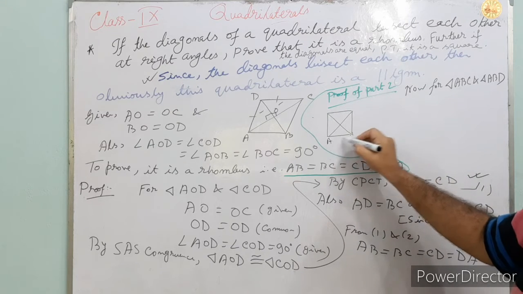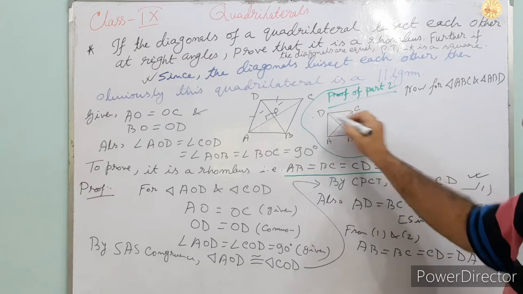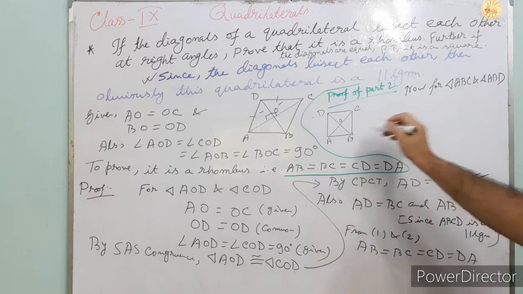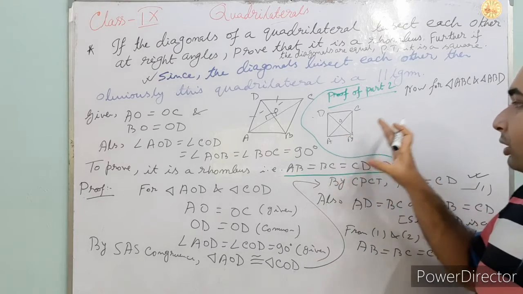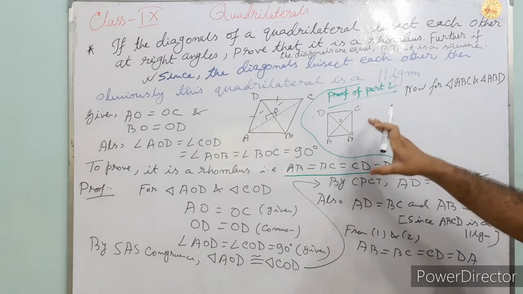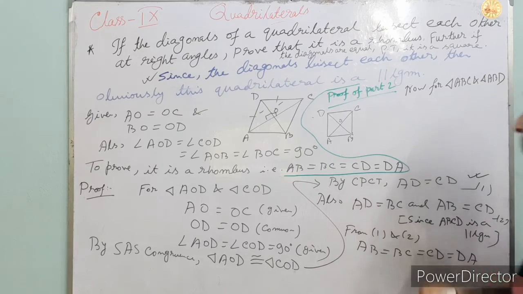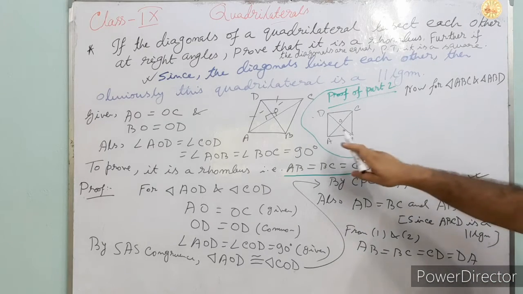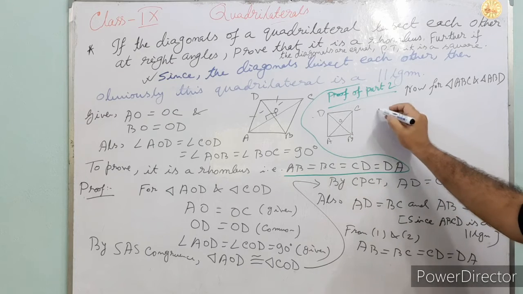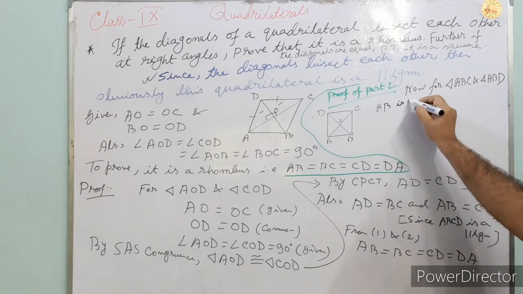A, B, C, D and this is O. Actually not the right angles, we are just taking this figure, because we have to prove it is a square. So now for triangle ABC and ABD, AB is common.